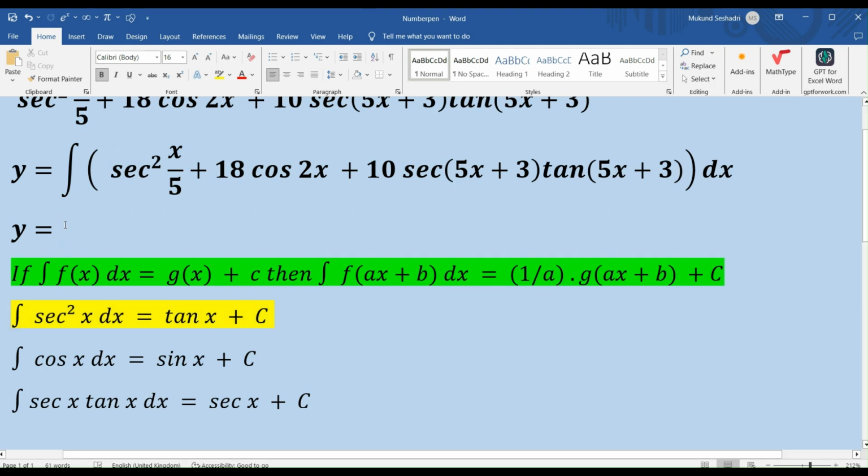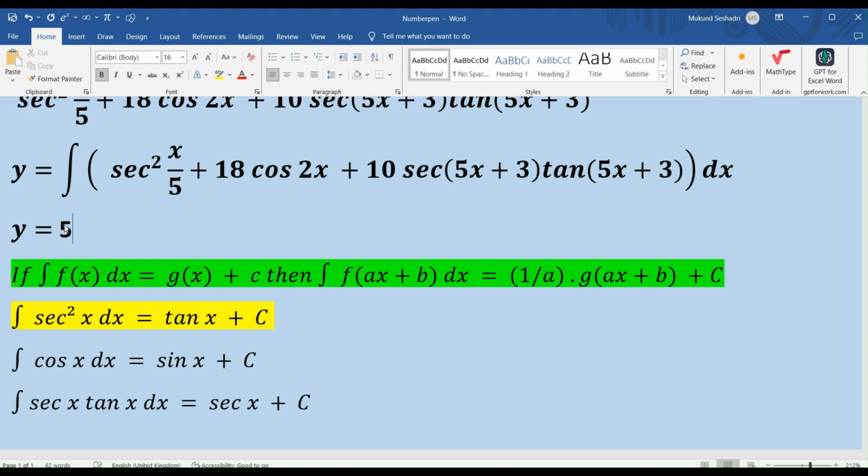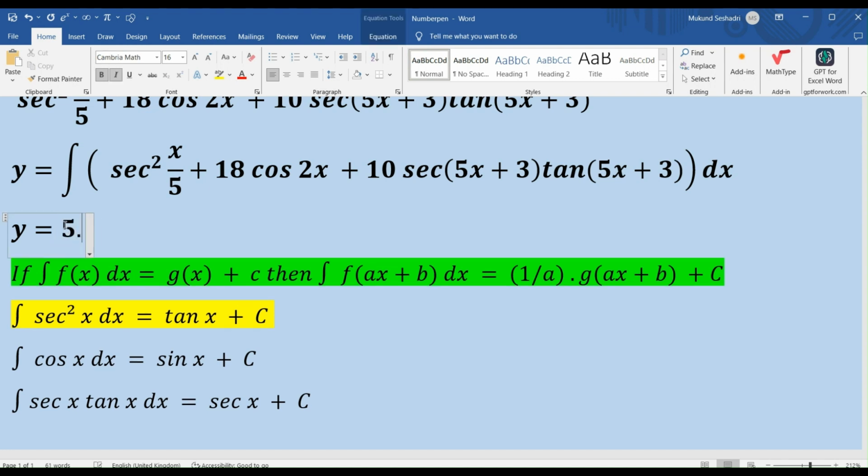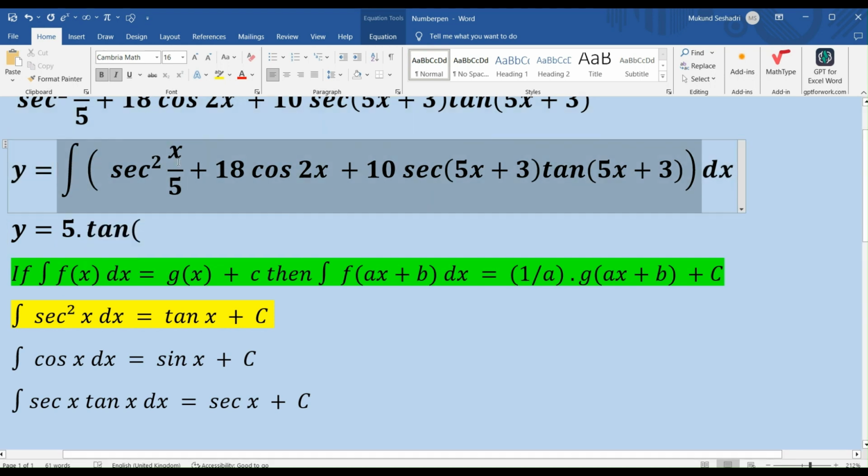My function is secant square x dx, which means my f of x is secant square x, my g of x is tan x, and my f of ax plus b is nothing but secant square x by 5. And therefore, my final answer is 1 by a times g of ax plus b, where my a is nothing but 1 by 5. So I have 1 divided by 1 by 5, which is nothing but 5, right? 5 times tan of x by 5, right?